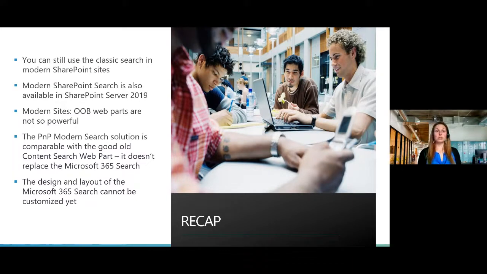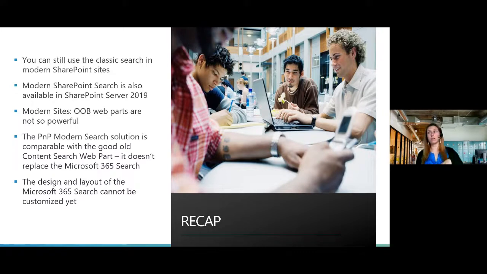Modern SharePoint search is also available in SharePoint Server 2019, and in the modern sites, the out-of-the-box web parts are not so powerful. So you can use the GitHub solutions if you want to work more with search. The PnP Modern Search solution is comparable with the good old Content Search Web Part and all the other web parts from the classic experience, and it doesn't replace the Microsoft 365 search.